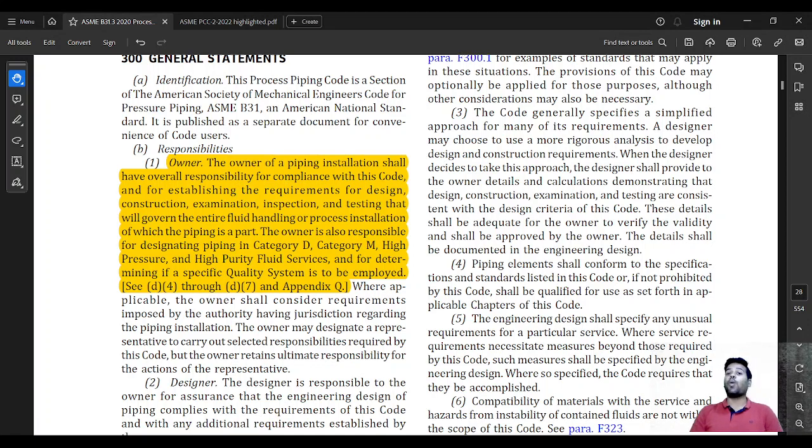So generally the overall responsibility of the piping system is going to lie with the owner, because understand this: ASME does not have a stamping scheme for process pipes, that is B31.3 pipes. That means ASME will not designate manufacturers for making process piping requirements.